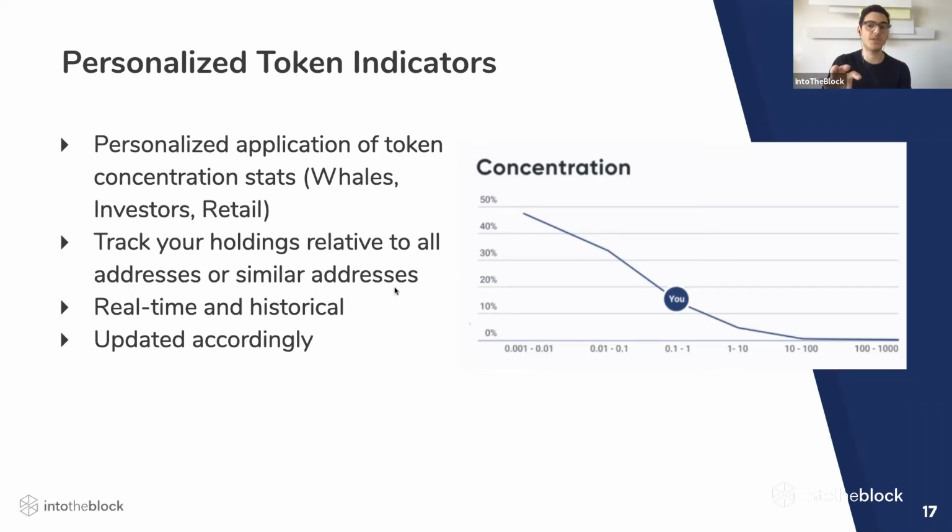With our de-anonymization of information in the blockchain, as I mentioned before, we're aspiring to exclude exchanges and large holders, institutional holders, from the comparison to individual addresses in order to have a more accurate comparison of where you stand. And it will be, of course, updated in real time, and you'll be able to track your concentration rankings through time historically, updated according to changes made to your portfolio.